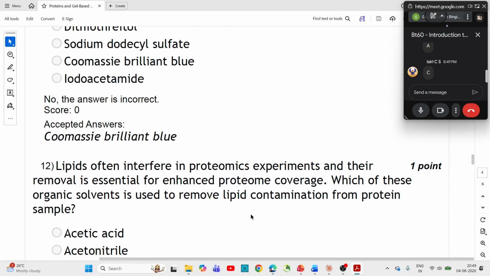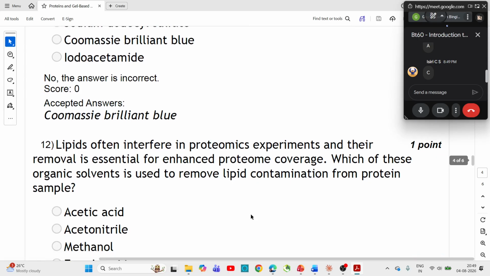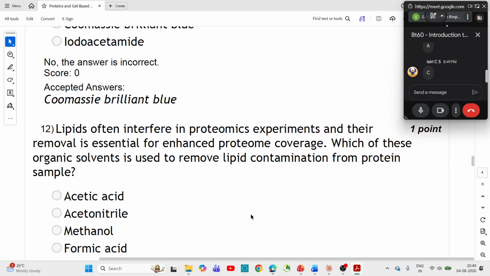In blue native PAGE, it gets its charge because of... Lipids often interfere in proteomics. Which of the following organic solvents is used to remove lipids? Okay, it's methanol.